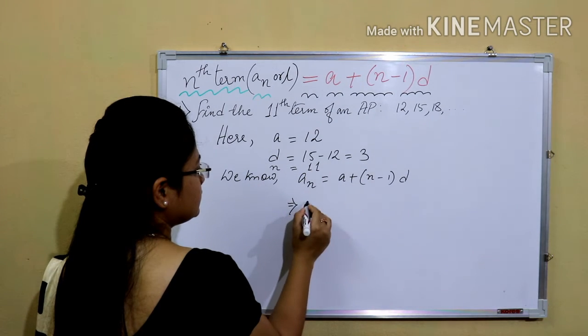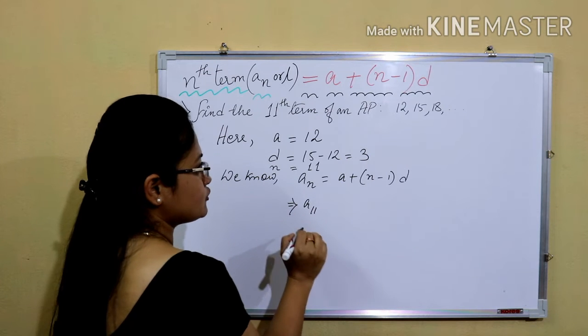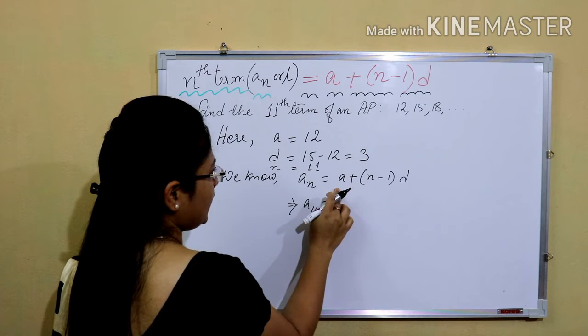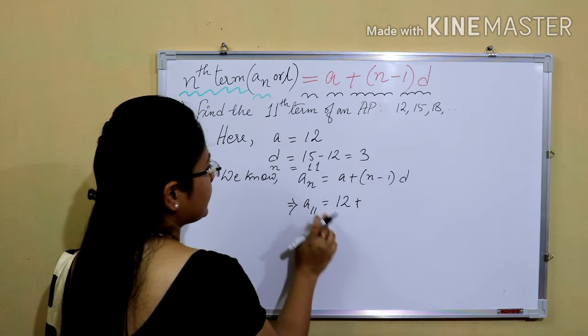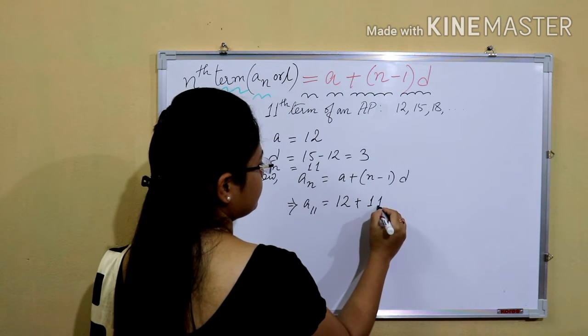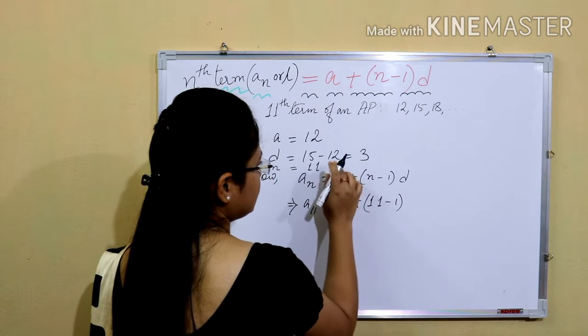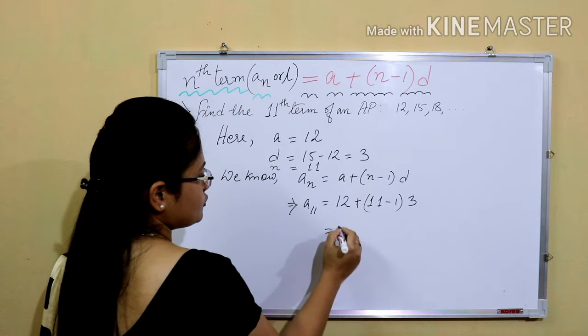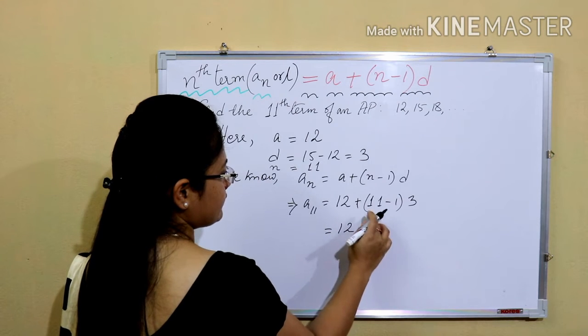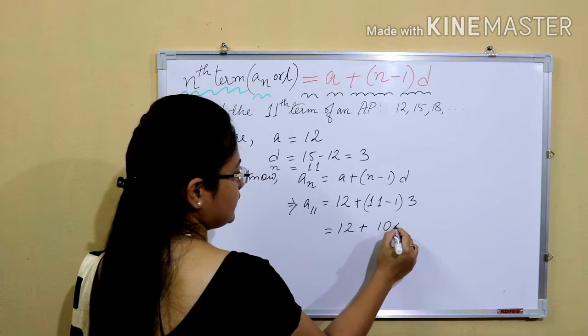So A11 is asked to find out. A we know is 12 here. N in this case is 11 minus 1. D we know is 3. 12 plus 11 minus 1 will be 10 into 3.